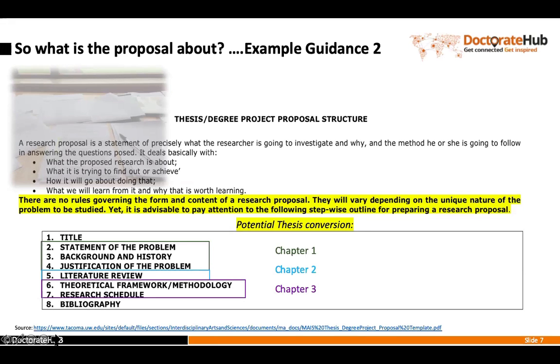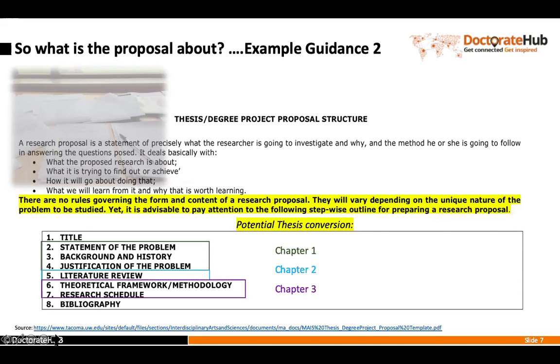The statement, background, and justification of the problem are commonly presented in the chapter 1 introduction, while the literature review in a classical thesis typically is in chapter 2. In a DBA thesis, like perhaps the case for the University of Liverpool, this order is flipped.